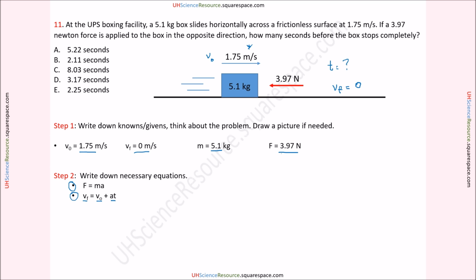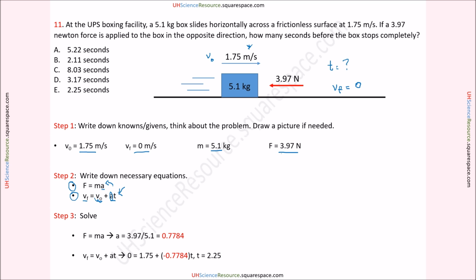We want to figure out the time variable, but we don't know what the acceleration is that's going to influence the velocity of the box. So we can use the F equals ma equation to figure out the acceleration from that 3.97 Newton force that we're applying. So let's do that and solve this question.